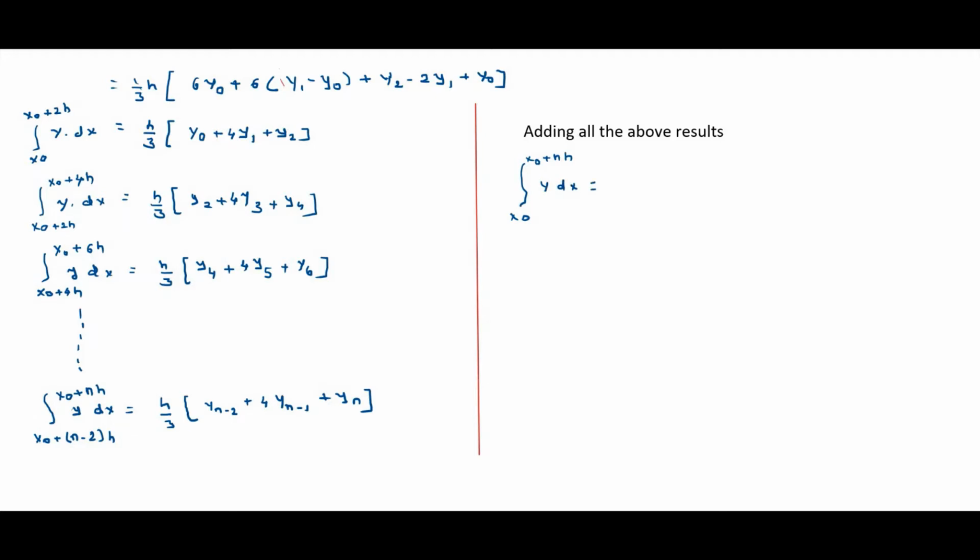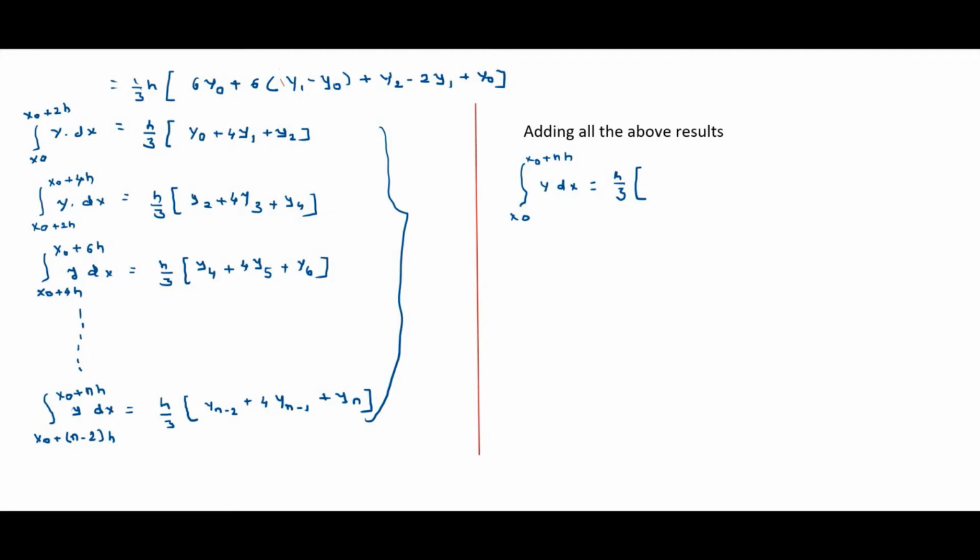This is equal to the sum of all the right hand side values, and here you can see h divided by 3 is common, so I will write h divided by 3, which is common.